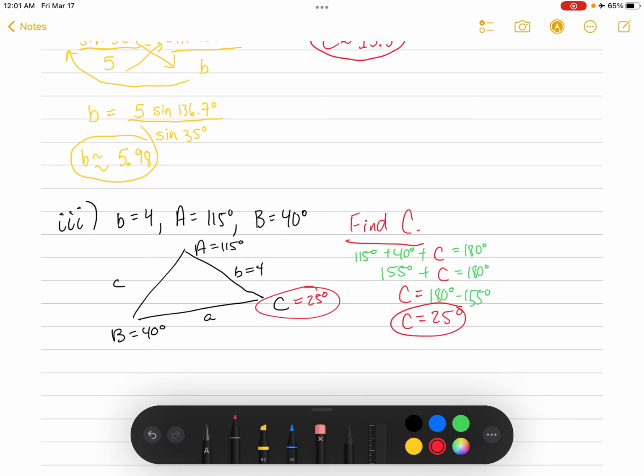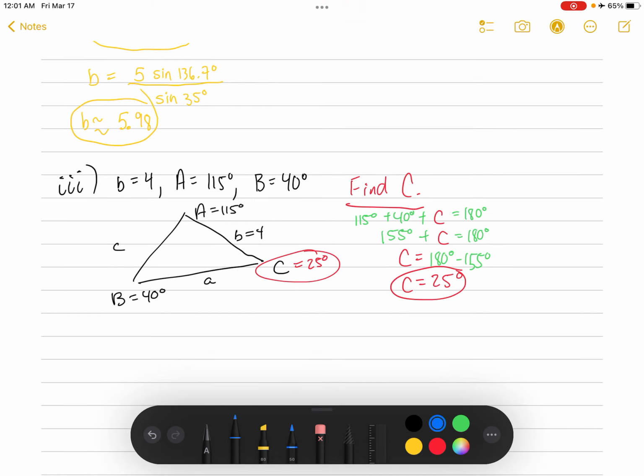Okay, so next, let's find little a. Using the law of sines, I know that the sine of big B, 40 degrees, over little b, 4, is equal to sine of big A, 115, over little a. So cross multiplying, I bring the little a up on the left, I bring the sine of 40 under the sine of 115, and I bring the 4 up in front of the sine of 115.